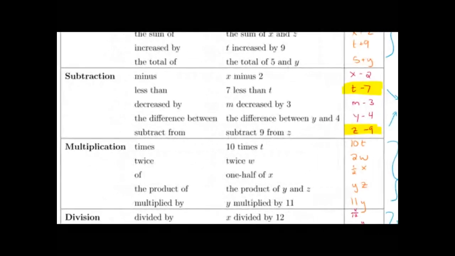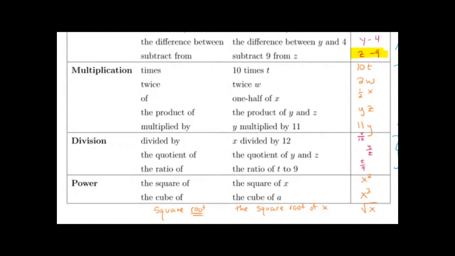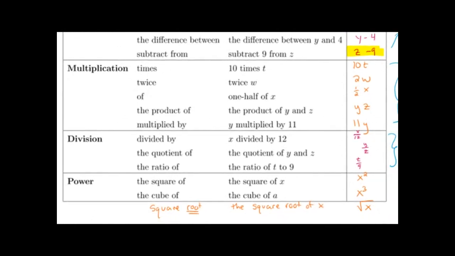We have words that mean multiplication. We have words that mean division, and exponents here, a few exponents. So having this printed off handy so you can even see examples of how it translates, what it would look like when you're using letters and numbers, is good to have while you're going through all these word problems, so that you have a lot of handy things to look off of.